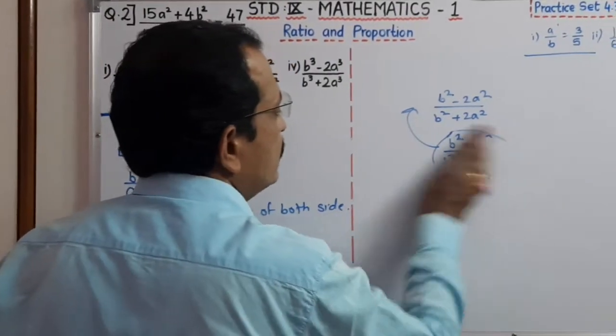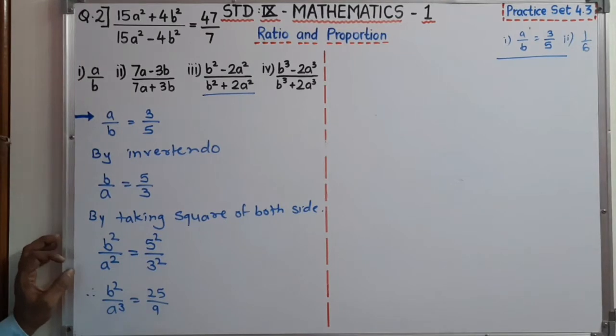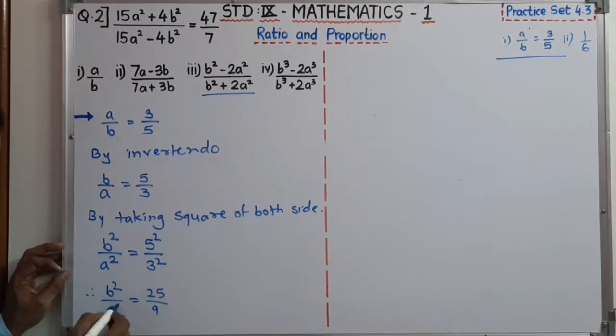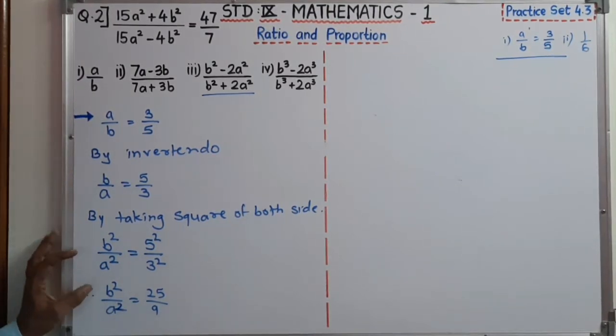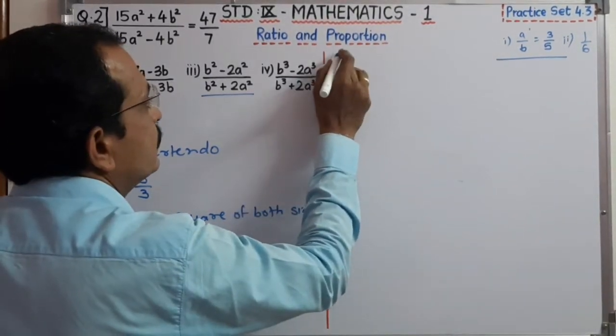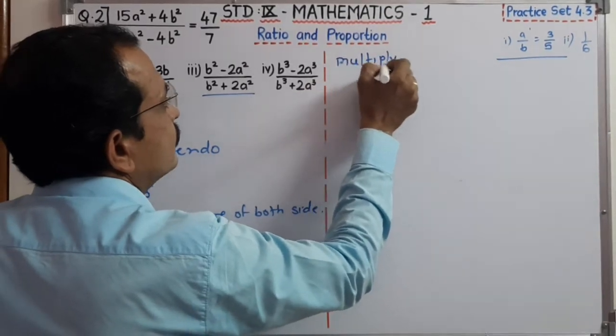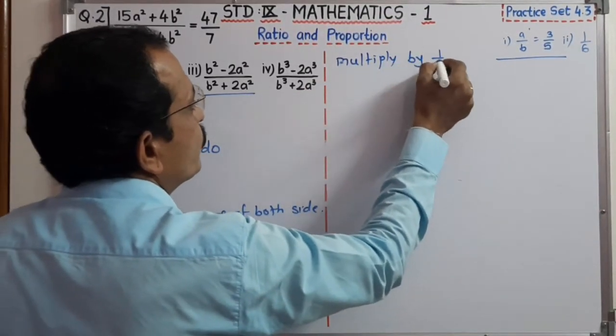Now, see, dear student, we require b square upon a square. Now, multiply by 1 upon 2.